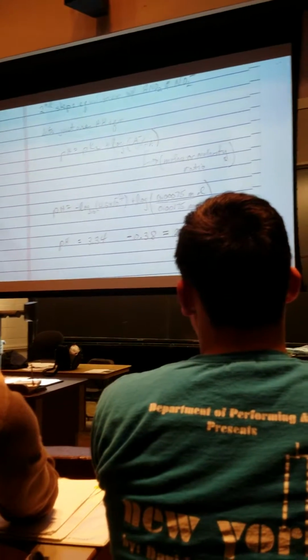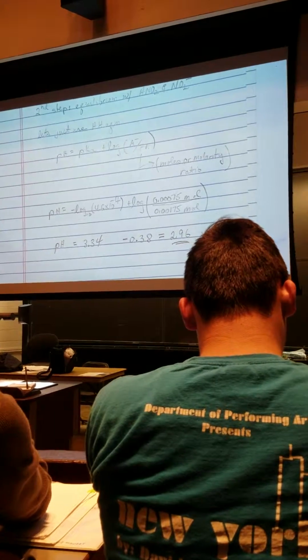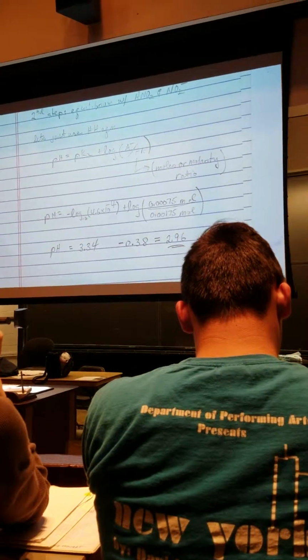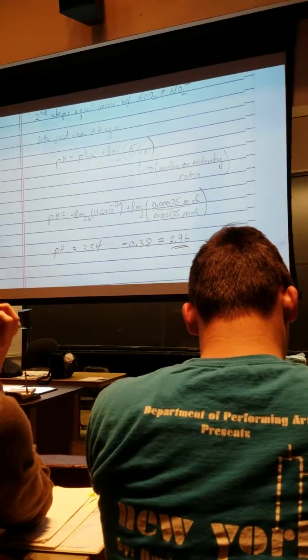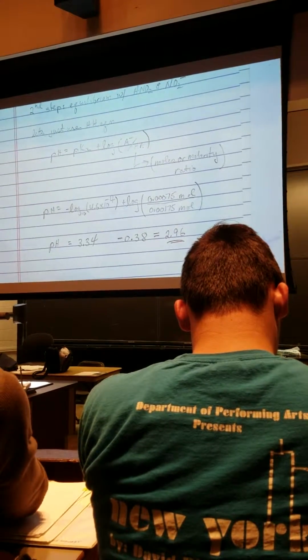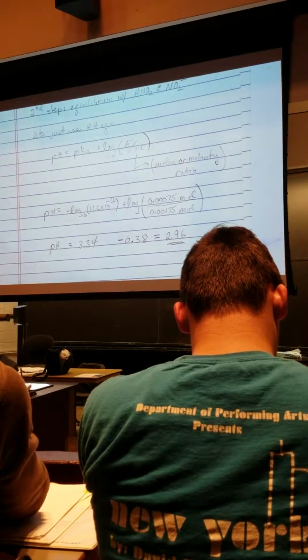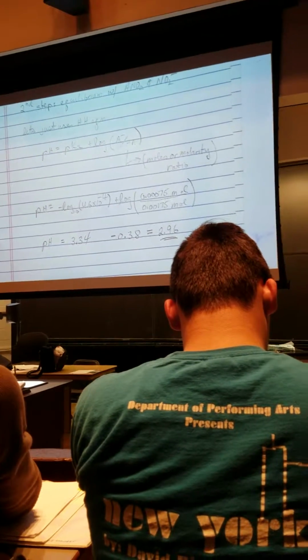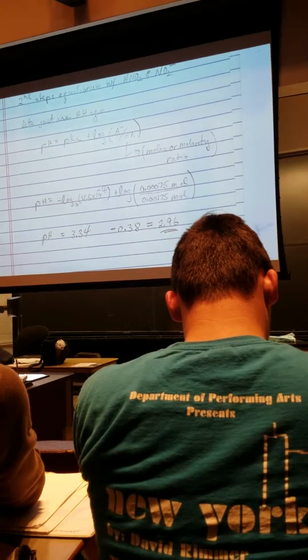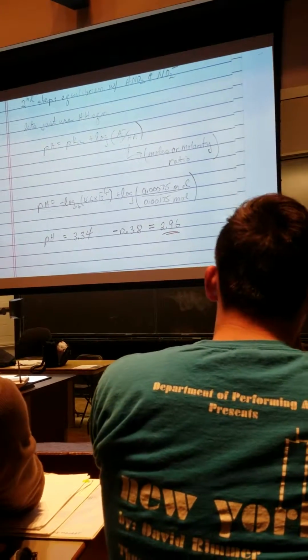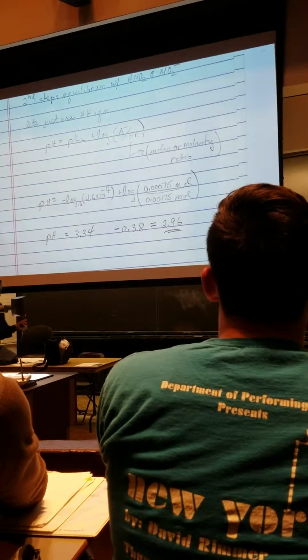Now this ratio here could be in moles or could be in molarity. It doesn't matter because whatever volume you have for the solution, it's the same for the conjugate base as well as the weak acid, so they would cancel out as a ratio anyway. Why do I emphasize that this ratio can be moles or molarity?